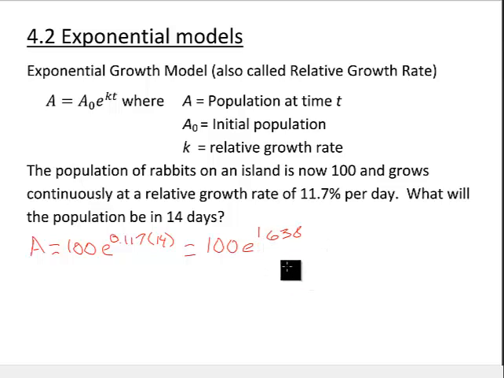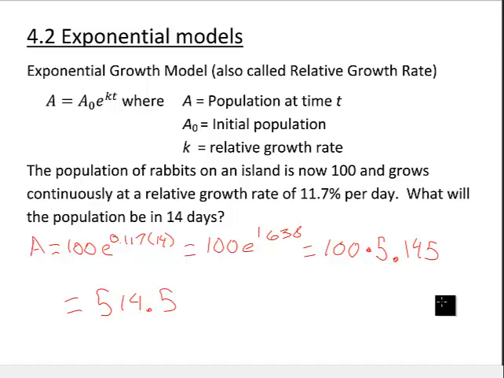Okay, so now we say e to the 1.638 power, and when we do that calculation we get 5.145, so that's 100 times 5.145, and the last bit then is to multiply those two to get 514.5 rabbits. And then you round as necessary.